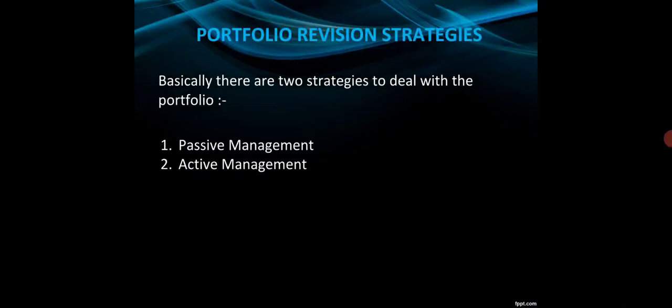And when the market goes down, at that time the investor immediately changes the mixture of the portfolio according to the market change. So for that reason, it is known as active strategy management. When the immediate change is there, when the immediate reaction is there, that is known as active management.